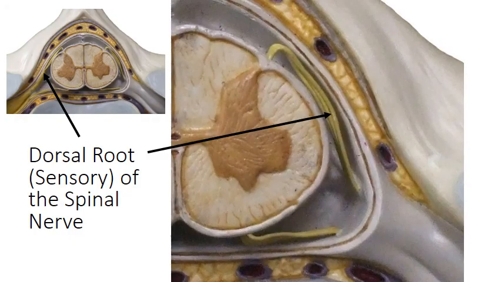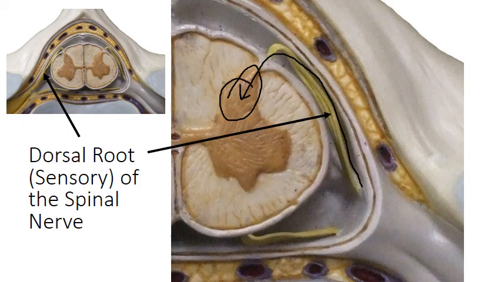What we're looking at here is the dorsal root, which contributes to the spinal nerve. The dorsal root actually is sensory in nature, so it brings information into the spinal cord. So the dorsal root actually comes in and projects its axon into the posterior gray horn. So this area here of the posterior gray horn is mostly for sensory processing.